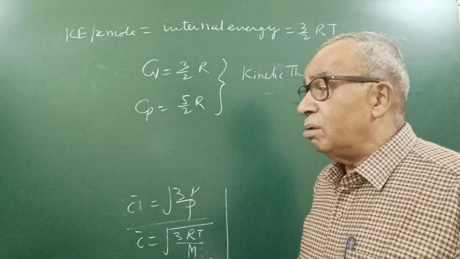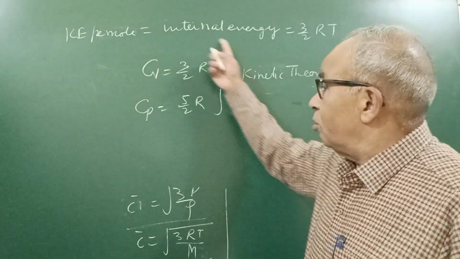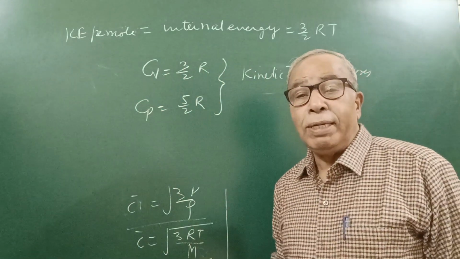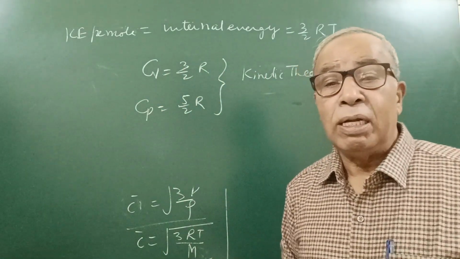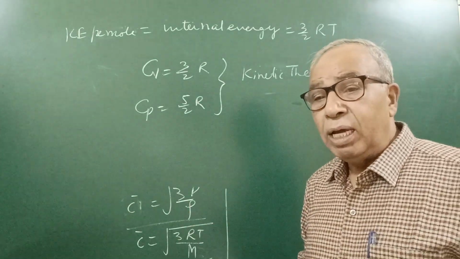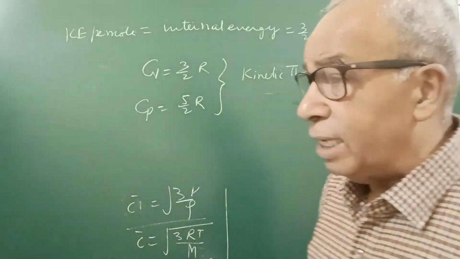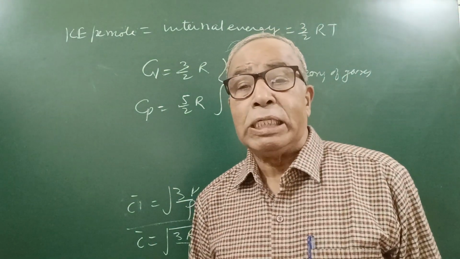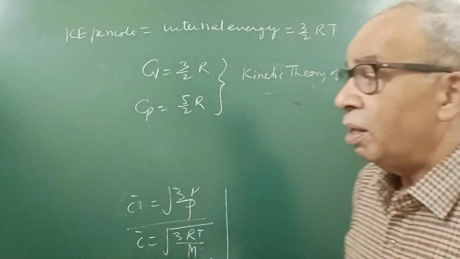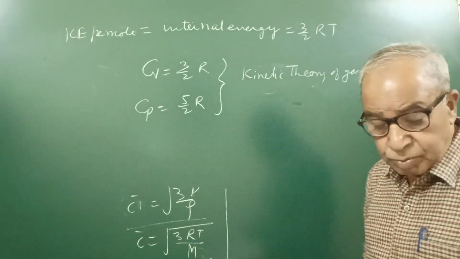And the error in concept lies in the assumption that the molecule of every gas behaves like a hard sphere. While dealing with kinetic theory of gases, we have taken the molecule of every gas as a sphere, and no further structure was taken into consideration.